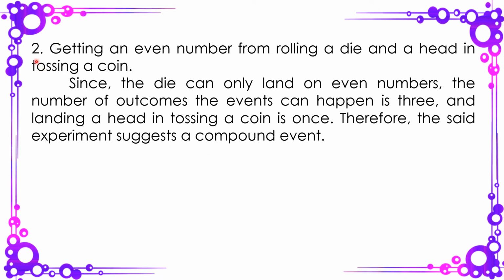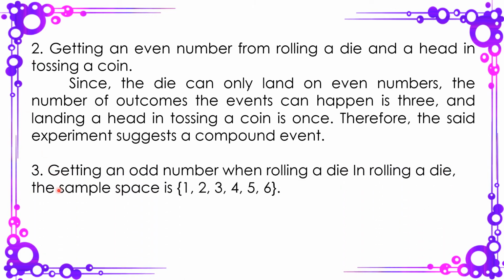So next, for number 3, getting an odd number when rolling a die. In rolling a die, the sample space is 1, 2, 3, 4, 5, and 6. So, if we are going to roll a die, the sample space that we can have are the numbers 1, 2, 3, 4, 5, and 6.